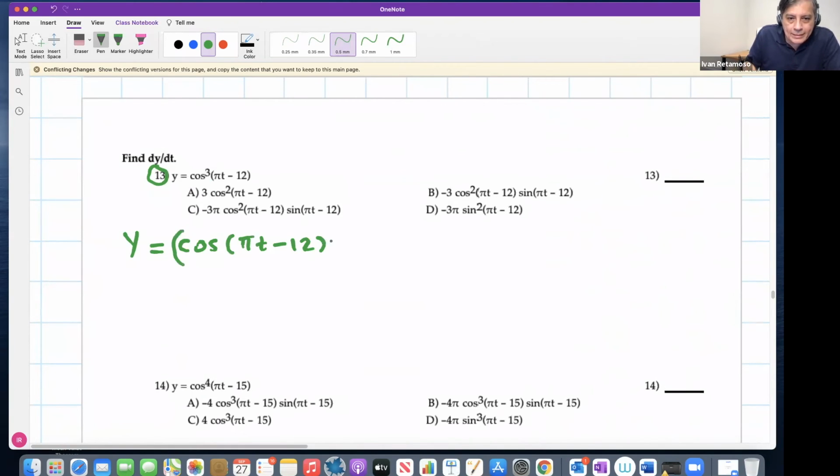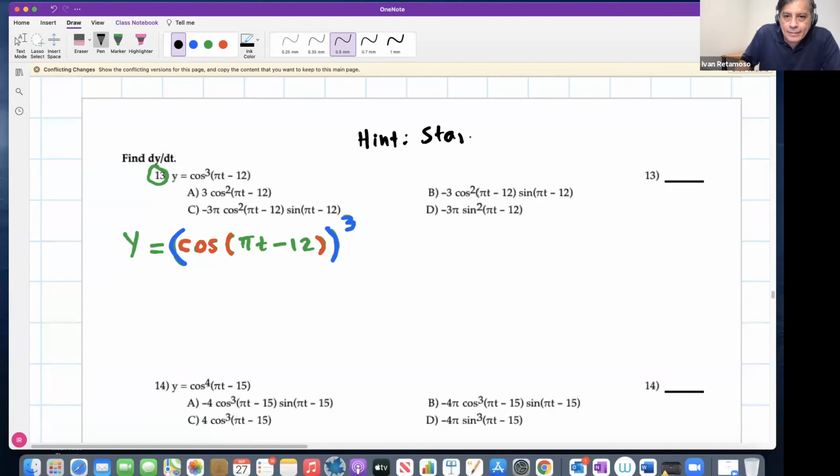But let's write it this way, so we can quickly identify the outside most function, which is going to be the cubic function. Next, the cosine function, and finally, this linear function, pi times t minus 12. Start by taking the derivative of the outside most function, as a hint.